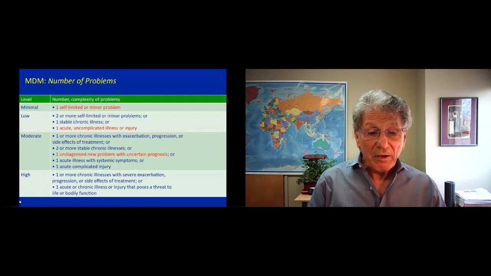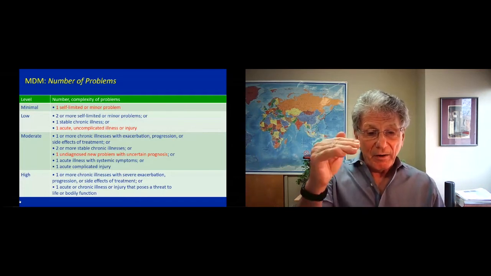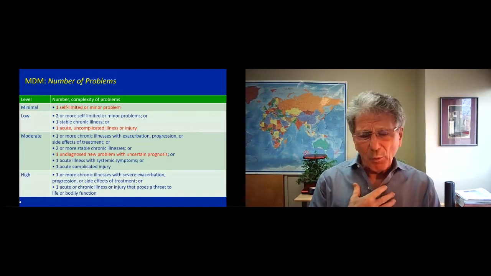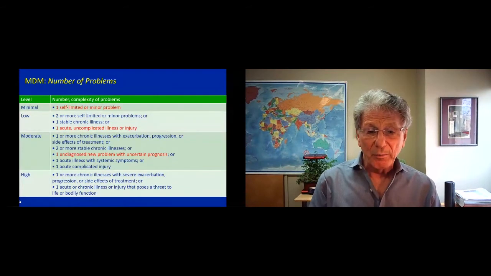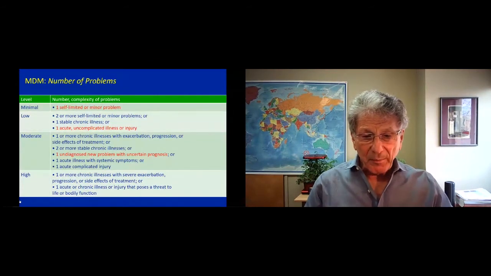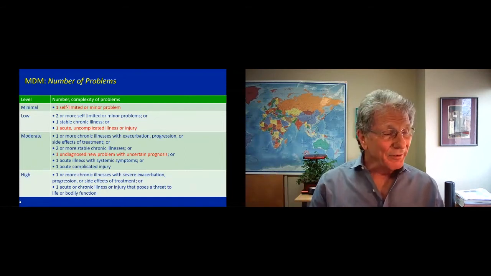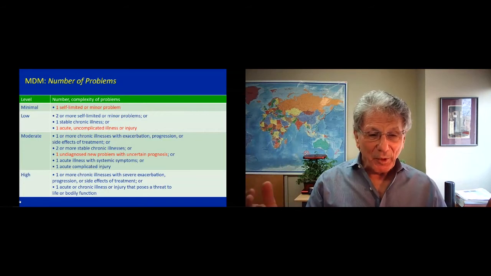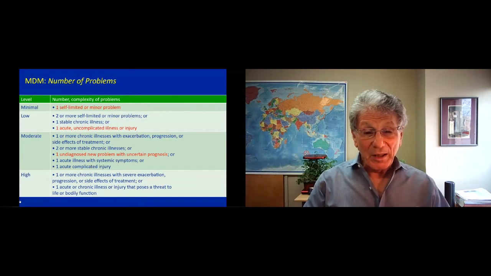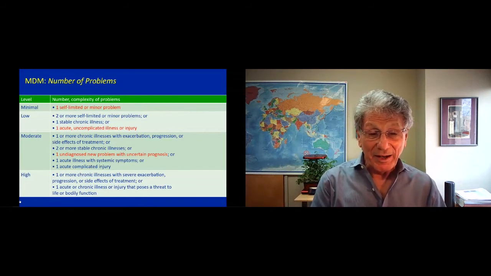All right. Next is moderate. And of the various scenarios in moderate, the one that we're most likely to use is one undiagnosed new problem with an uncertain prognosis. So a good example of that is I'm seeing a patient with pelvic pain, relative to the last discussion. She has a copper IUD. I'm really concerned that she might be pregnant or even have an ectopic.